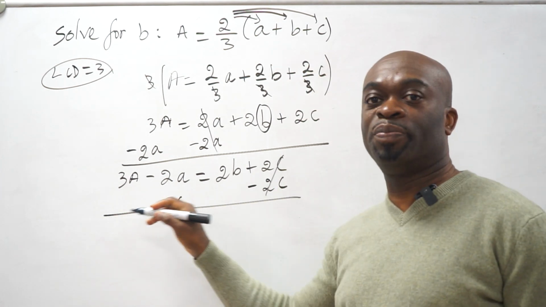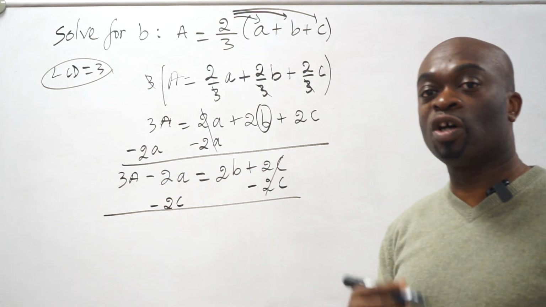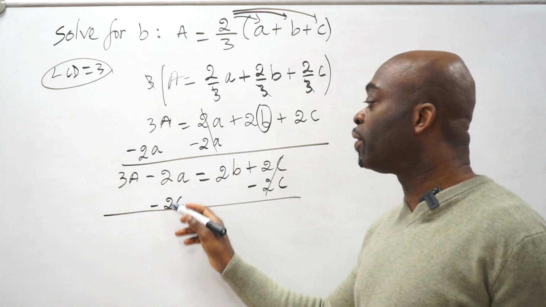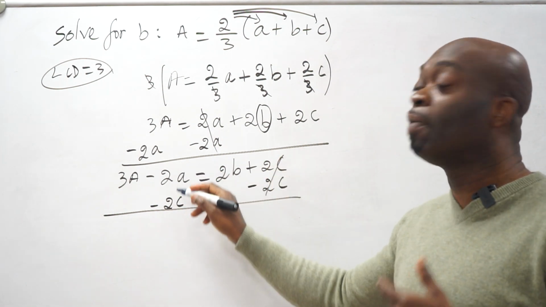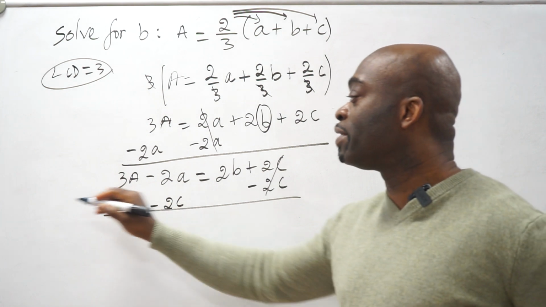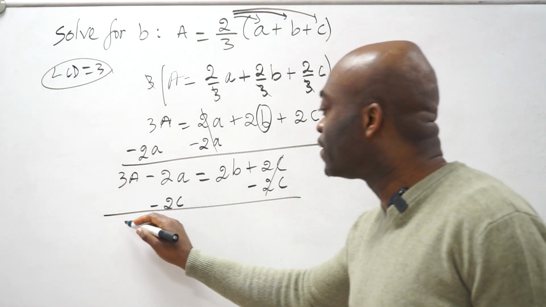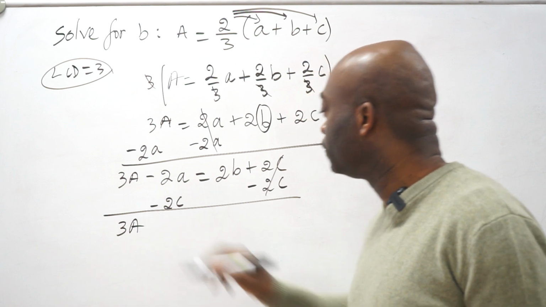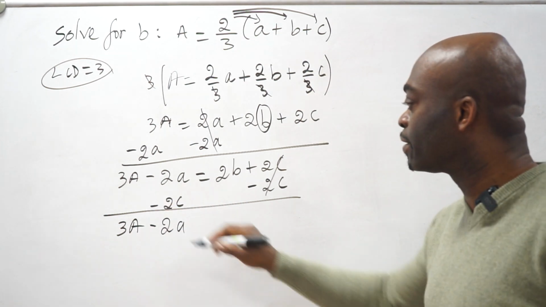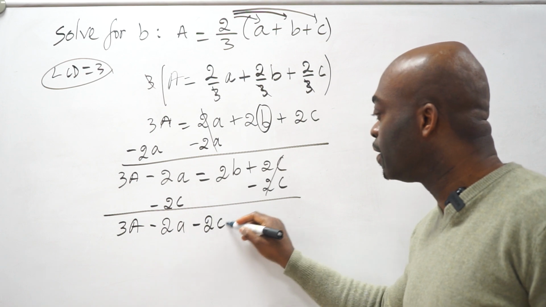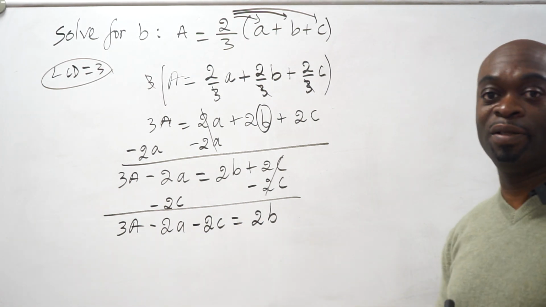Sometimes it doesn't matter where you put it because at the end of the day, you're not going to be able to combine them. But because some people get confused, if you align them like this, they may automatically think that you want to combine them. So sometimes you can just put it all the way to the side, you know. All right, but in any case, you have 3A here, then minus 2a lowercase, then minus 2c lowercase. See what's happening here? And this is equal to 2b.